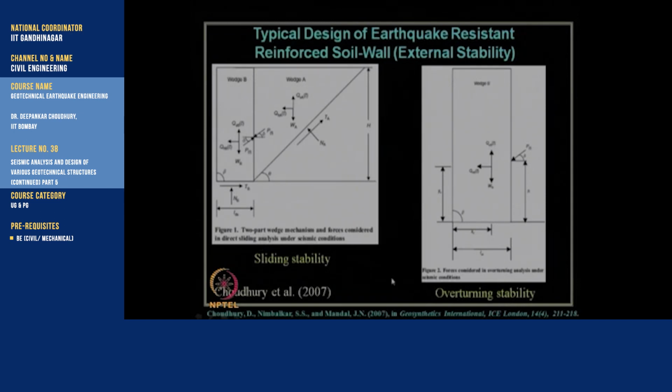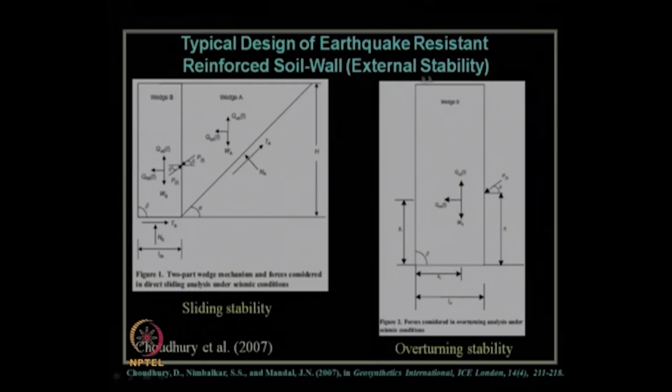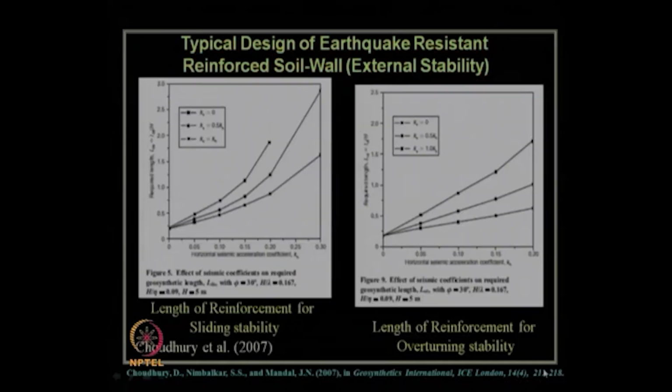Both sliding as well as overturning stability in terms of this external stability criteria was considered, and the entire analysis can be obtained in the journal paper Chaudhary, Nimbalkar and Mandal 2007, which is published in Geosynthetics International Journal, published by Institute of Civil Engineers, London. This is the volume number and page number. And finally, the results are shown in terms of required length of reinforcement for direct sliding stability as well as overturning stability for a particular value of kh and kv.